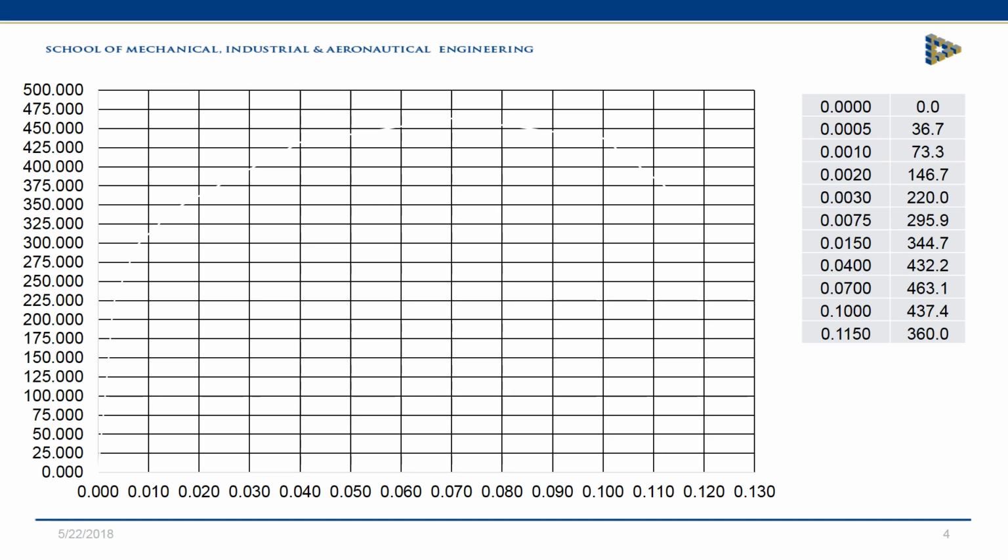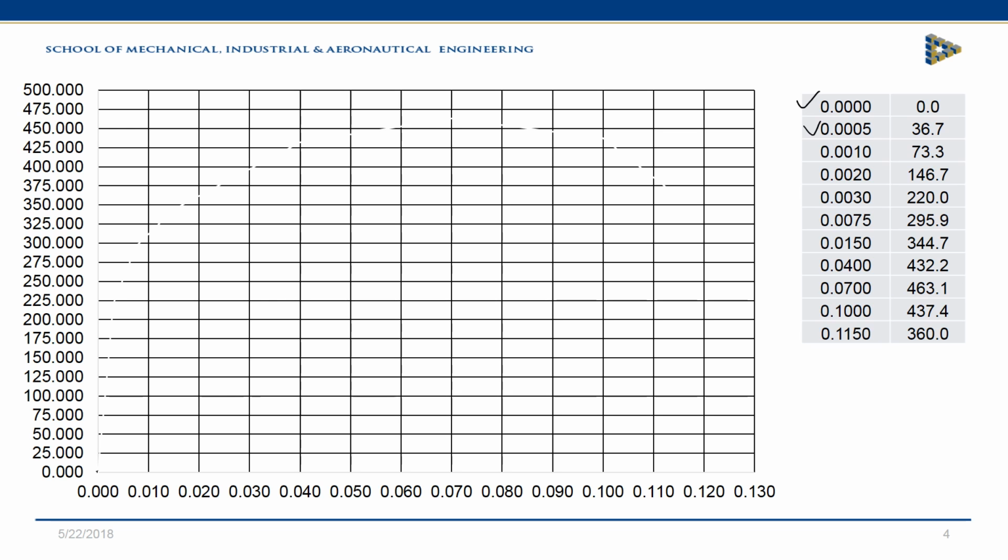Now it says I need to plot it. So I've got my data here. My first point is 0, 0, right on the origin. Then my next point is 0.0005 and 36.7, so 36.7 is about there.